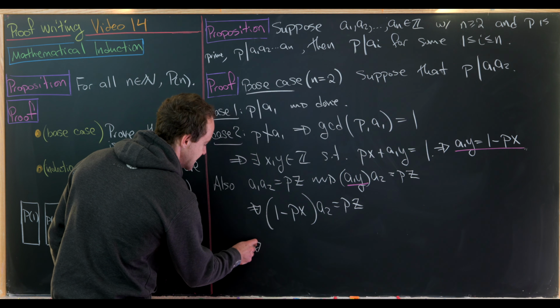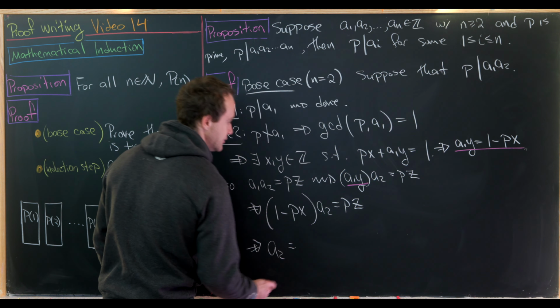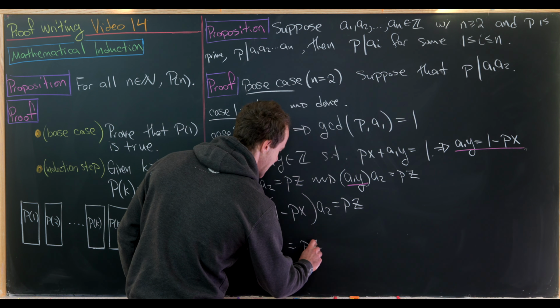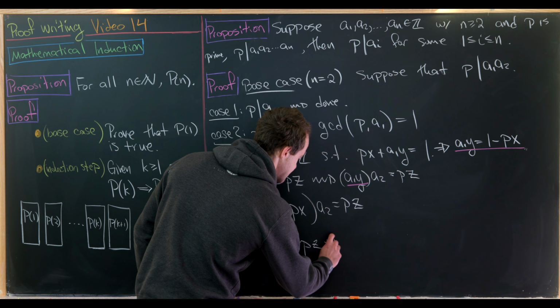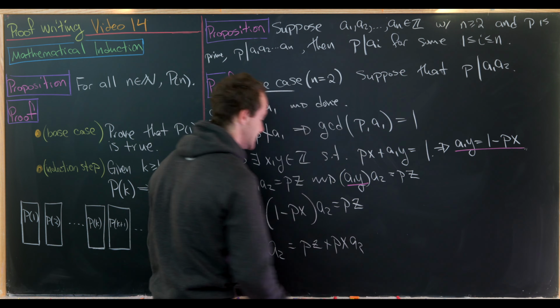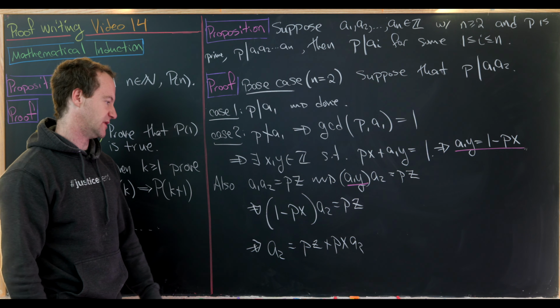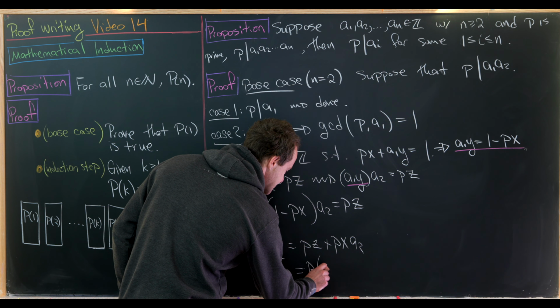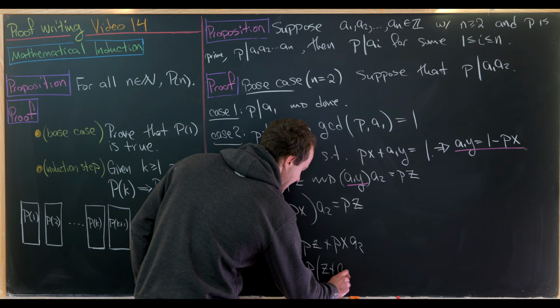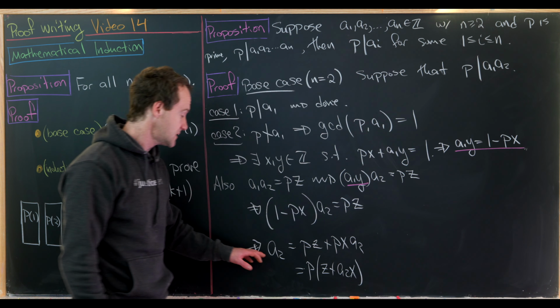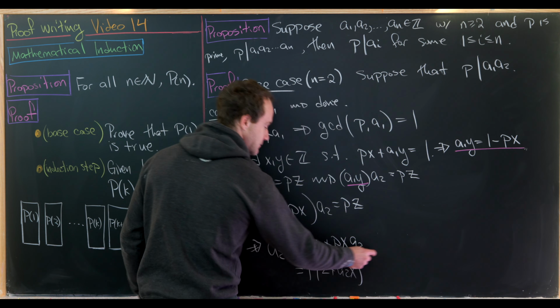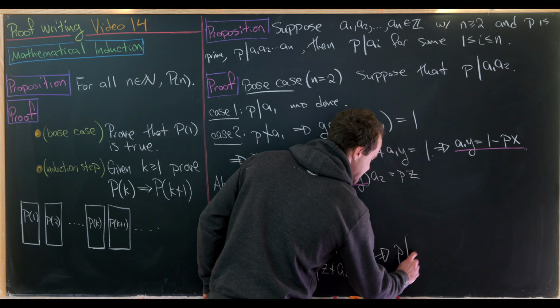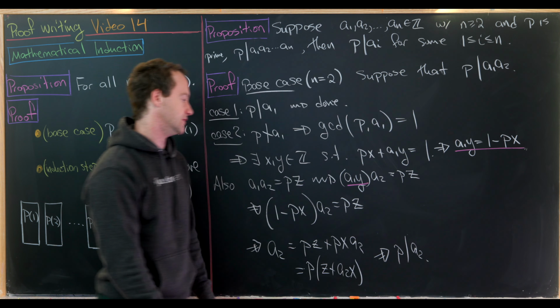But now let's move some things around. I have a2 is the same thing as p times z plus p times x times a2. So that's just from symbolic manipulation. But notice that equals p times (z + a2x). But that means that a2 is a multiple of p. In other words, p divides a2.